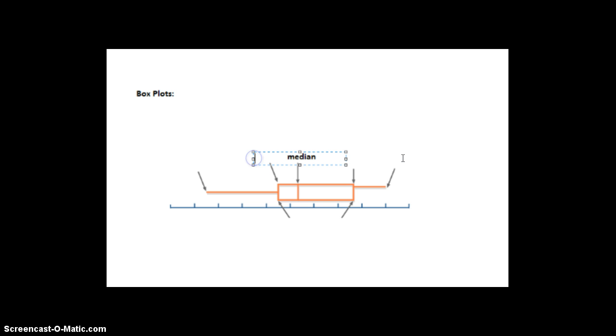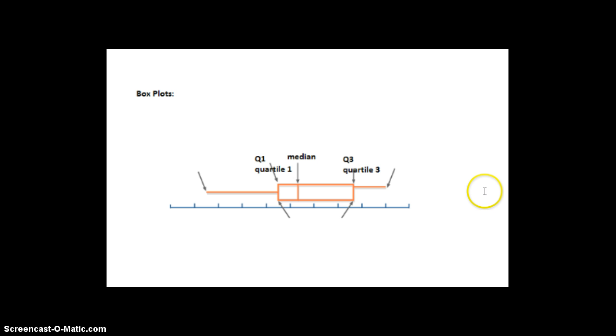This line is Q1. We call that quartile 1. The way that we found that is we found the median of your data on the left. And then this one is Q3. That is quartile 3.